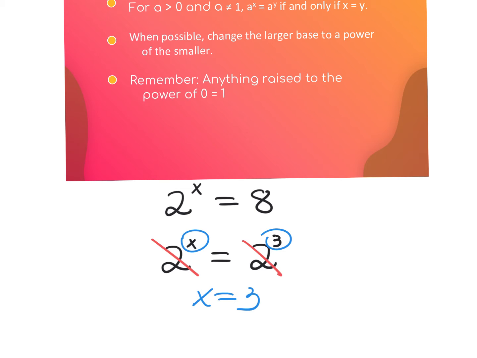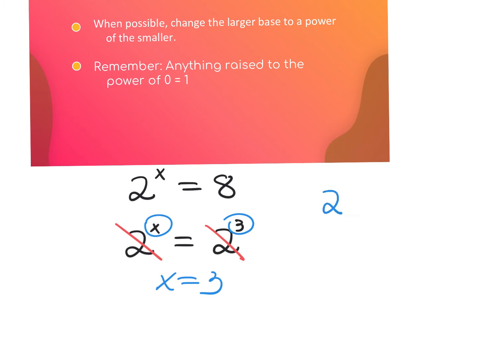So again, remember anything to the 0 power is 1. Also remember when you have a negative exponent, for example, 2 to the negative 1, this means 1/2. You put the 2 underneath a 1.